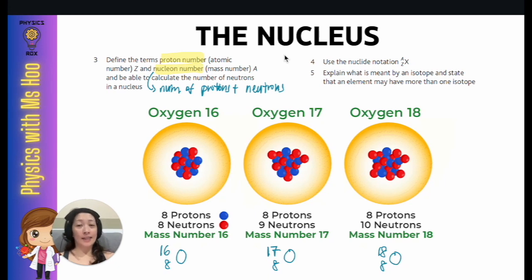So oxygen 16, oxygen 17, and oxygen 18 are all isotopes of the same element. All have the same number of protons, but different numbers of neutrons or nucleons, or different masses. Let's move on.